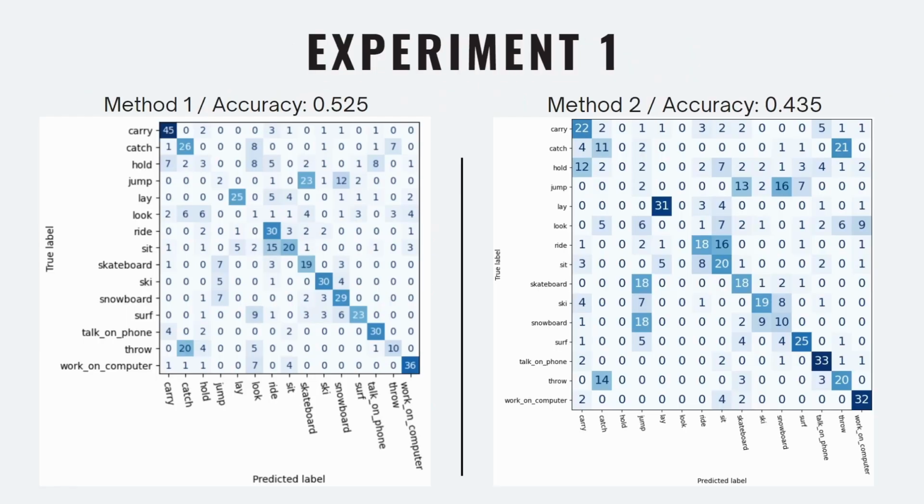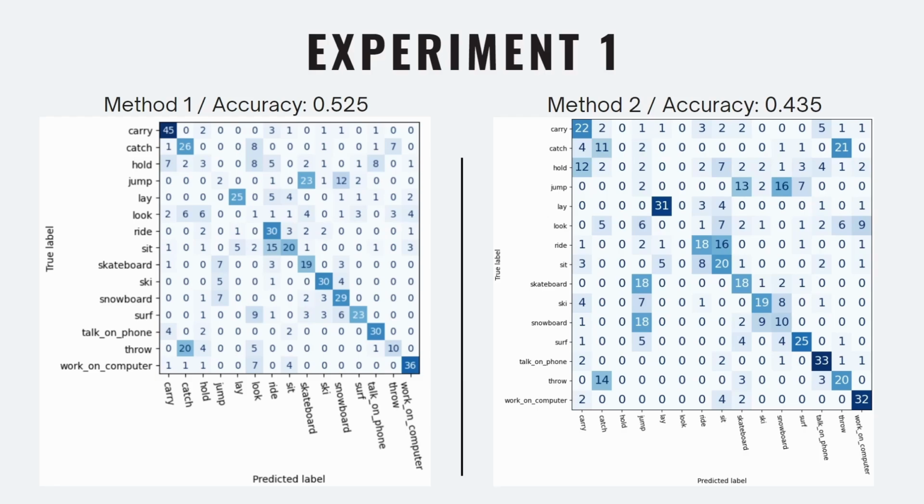Now let's look at experiment 1. In experiment 1, the models can already predict precisely on certain labels. However, labels like hold, jump, and look are easy to misclassify.